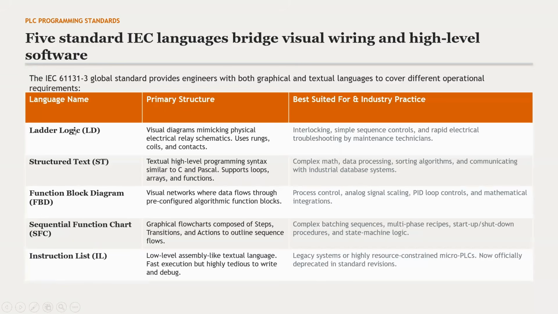Ladder logic was used in the early 2010s, and now most programmers are not using it. Now function block diagram and sequential function chart are being used. So let me show you.